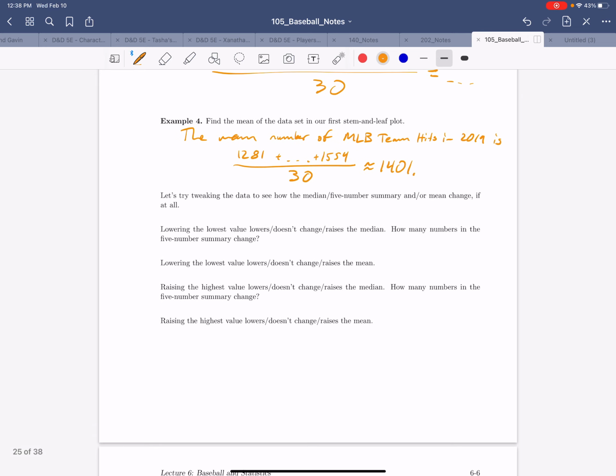Now, let's think about strengths and weaknesses of the mean and the median. And sometimes the same property can be viewed as a strength or a weakness. It depends on the situation. It depends on how you see the data. Lowering the lowest value. Consider your data set. Suppose that the San Diego Padres didn't have 1281 hits. They had, I don't know, 5.